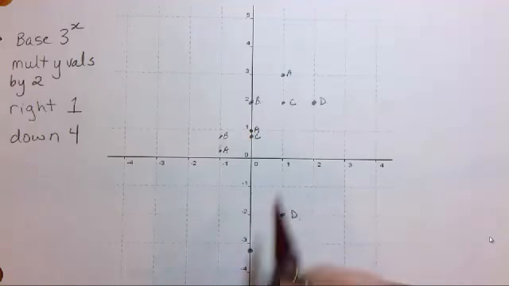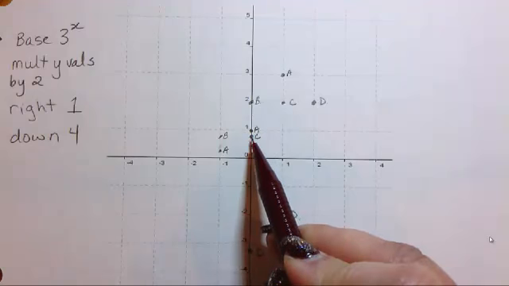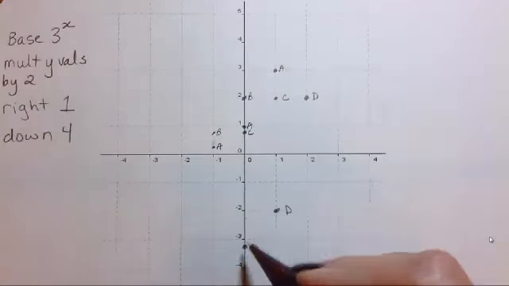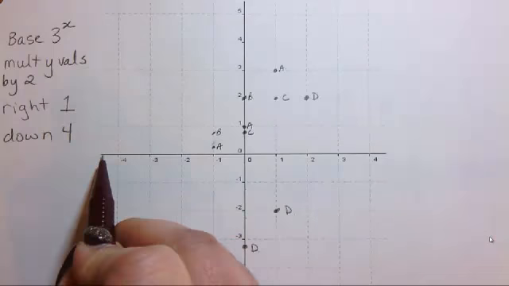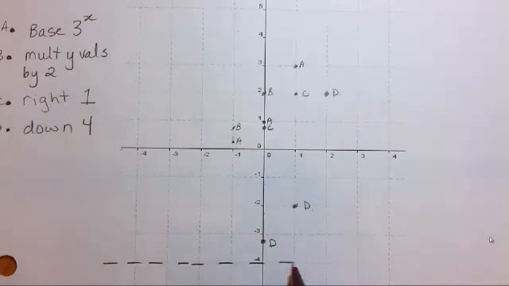And this is my D. So I did this one last because it's not on a whole number, it's on a fraction. So you have to make sure you're moving the appropriate number. And now my asymptote also moves down 4. So that means my asymptote is going to be down here at y equals -4.